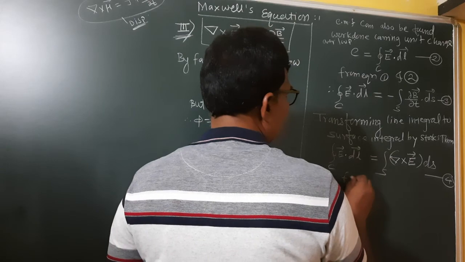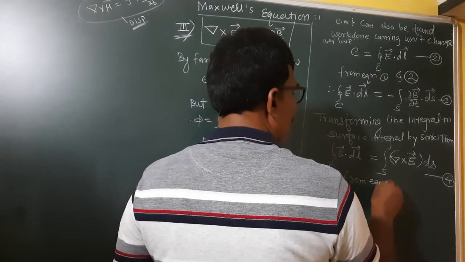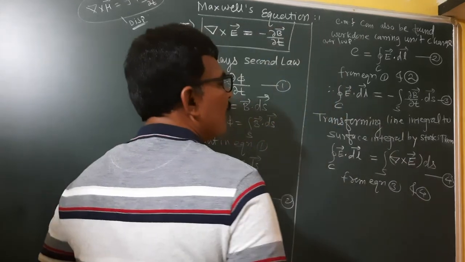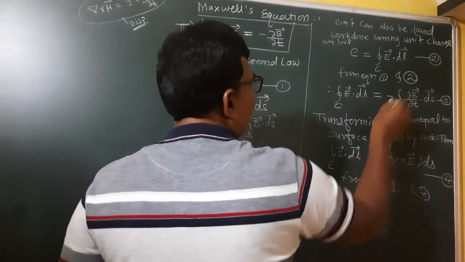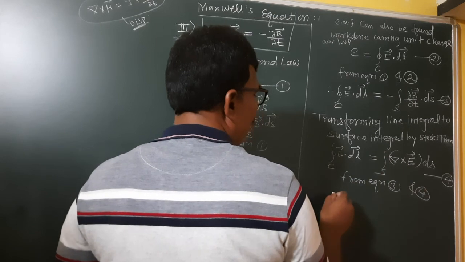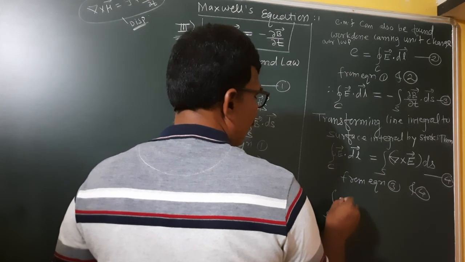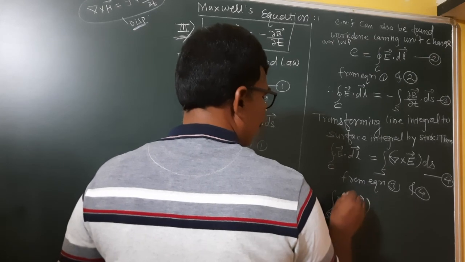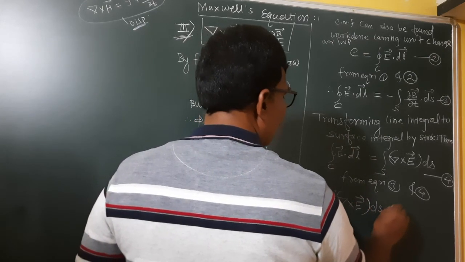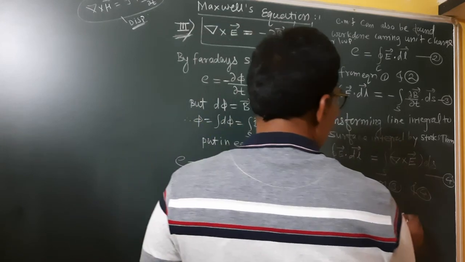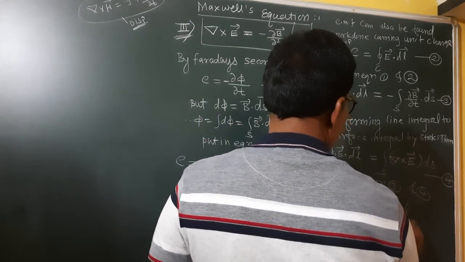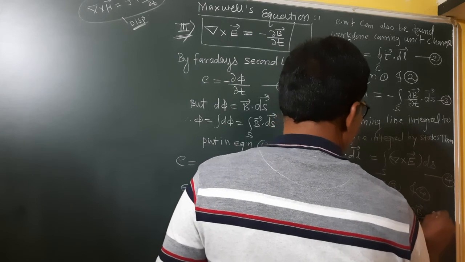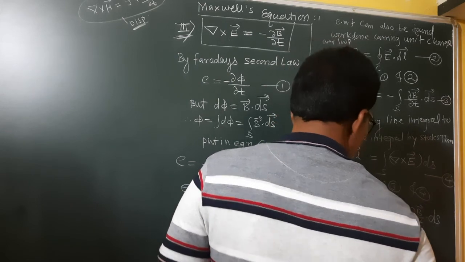From equations 3 and 4, the surface integration of curl of E⃗ into ds is equal to minus the surface integration of ∂B⃗/∂t into ds.